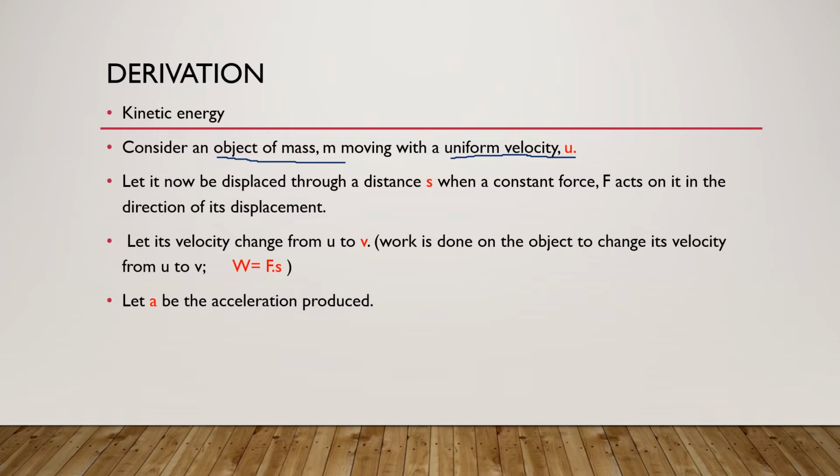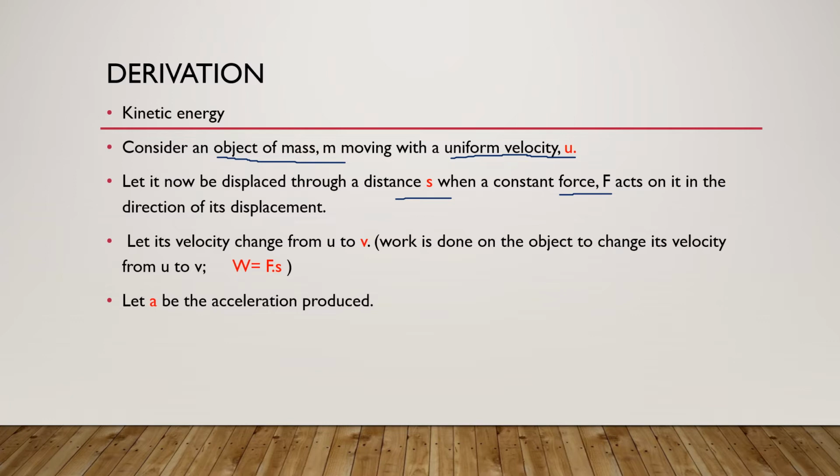Next, let it now be displaced through a distance s when a constant force F acts on it in the direction of its displacement. So what is the second criteria? Somebody is applying a force F on that body and that object has moved through a distance s. So mass equal to m, initial velocity is equal to u.